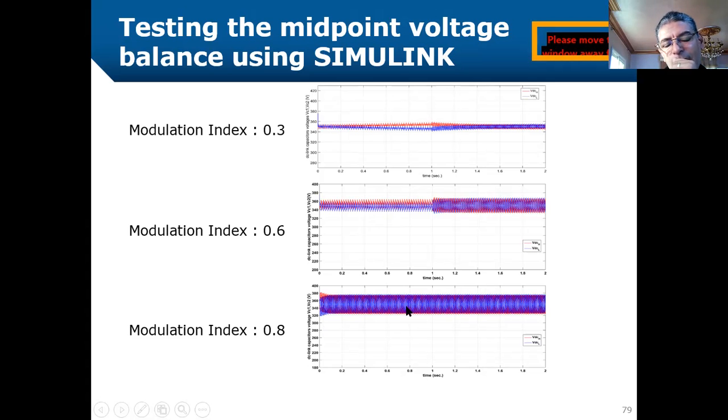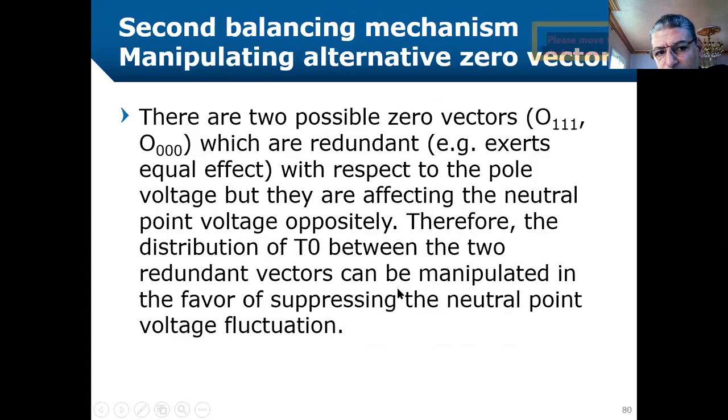And we see here that the effect of the balancing mechanism is somehow limited, because at this large modulation index, the possibility to have the vector lying in a non-overlapping area is high. This is why it is less effective than at small modulation index, meaning that we need an additional method for balancing.